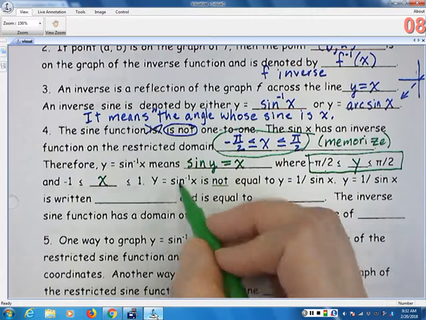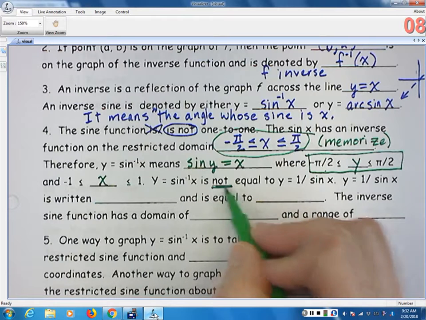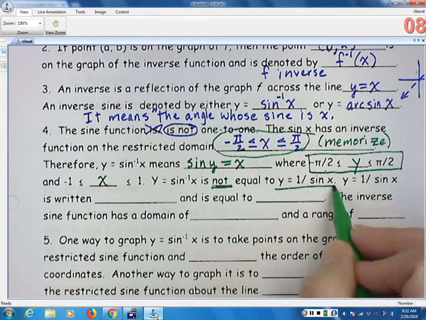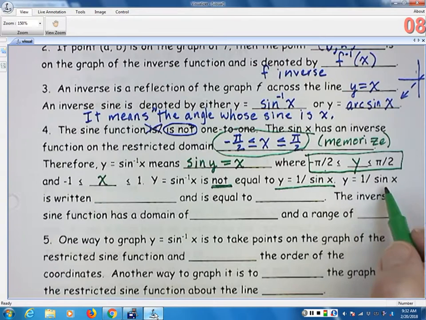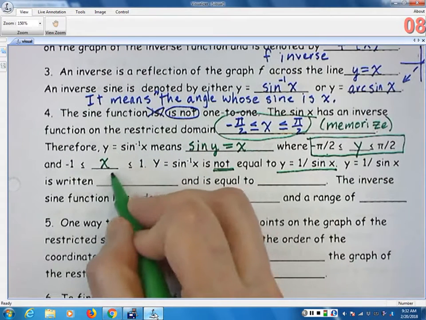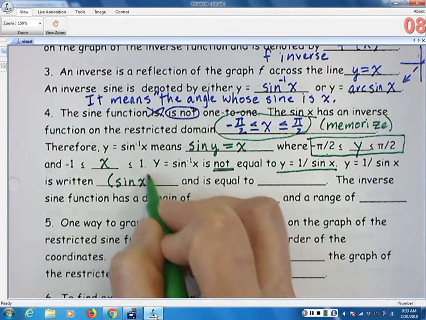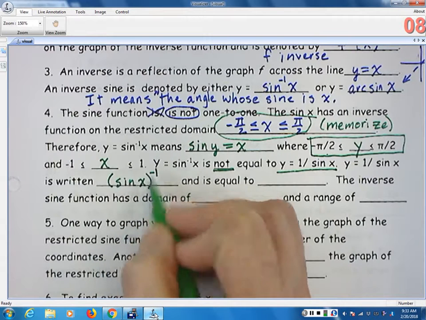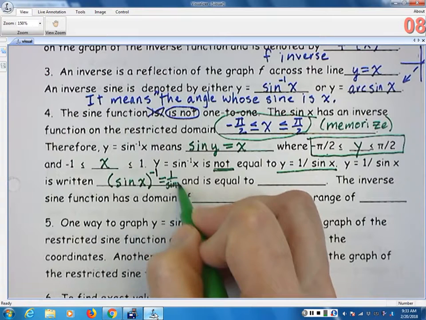So remember, y equals inverse sine of x is not equal to 1 over sine x. y equals 1 over sine x is written as sine of x to the negative 1 power. Okay?